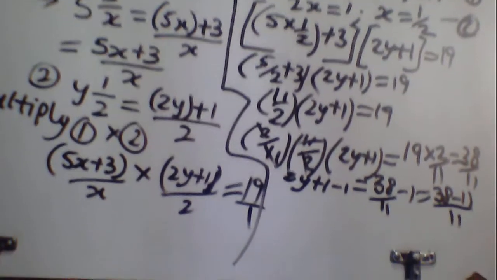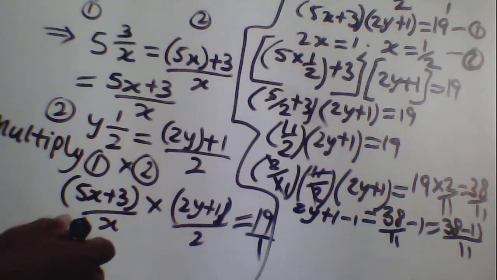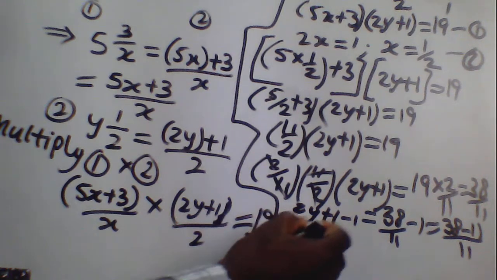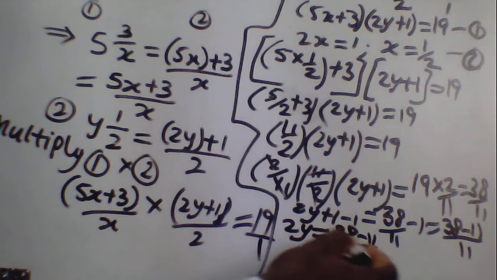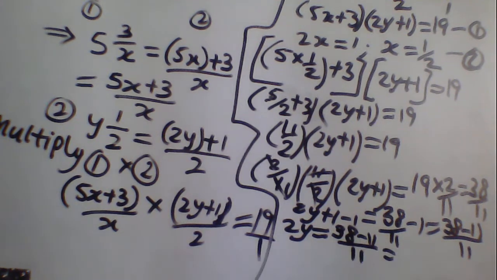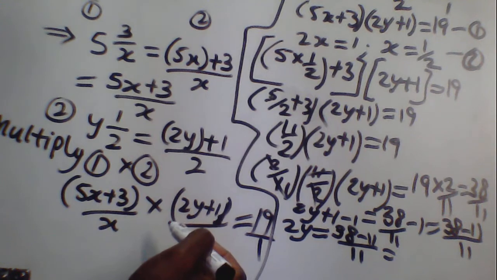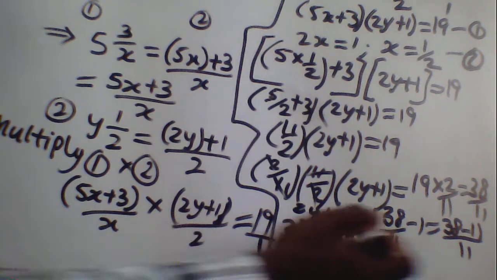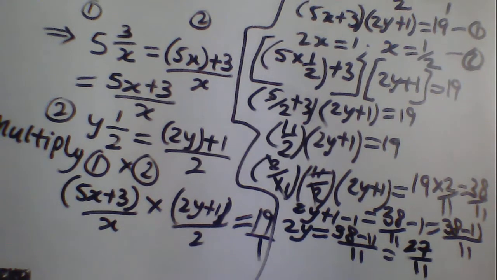We have gotten x. Well, we are to get y. So 2y is equal to 38 minus 11 divided by 11. So 38 minus 11 will give us 27 divided by 11.